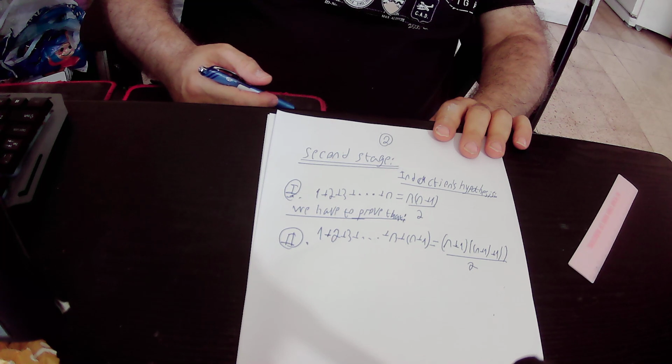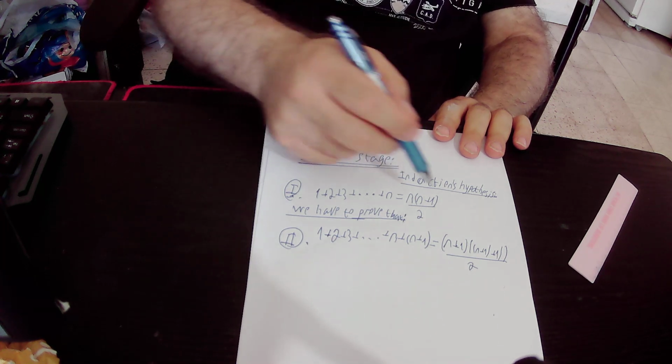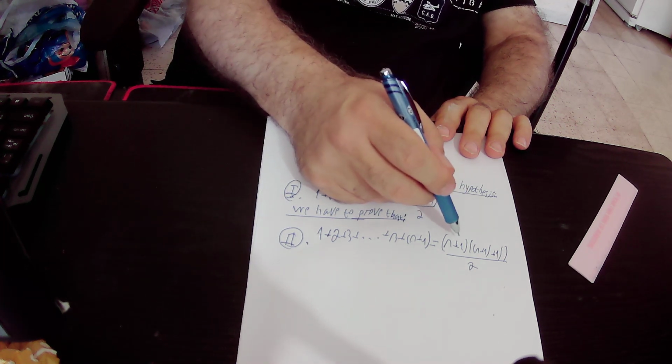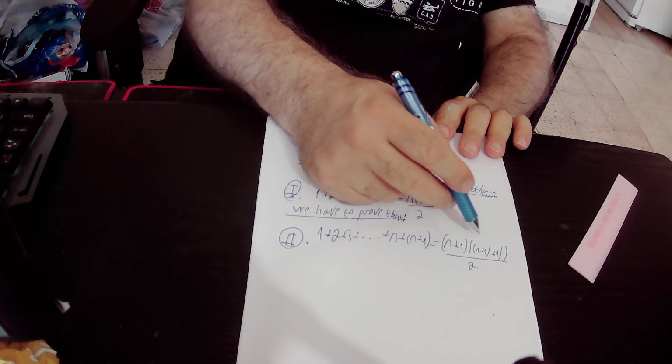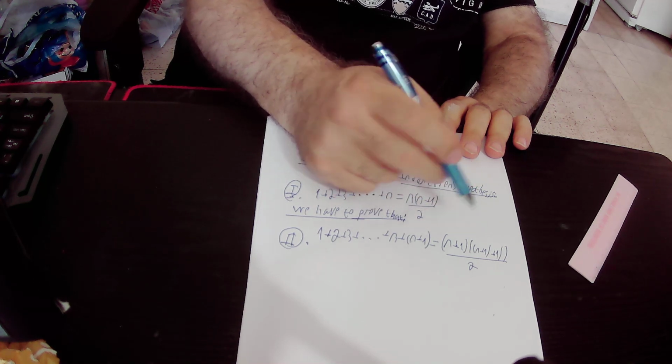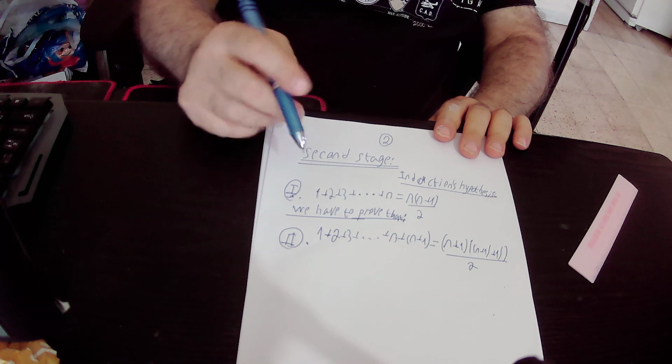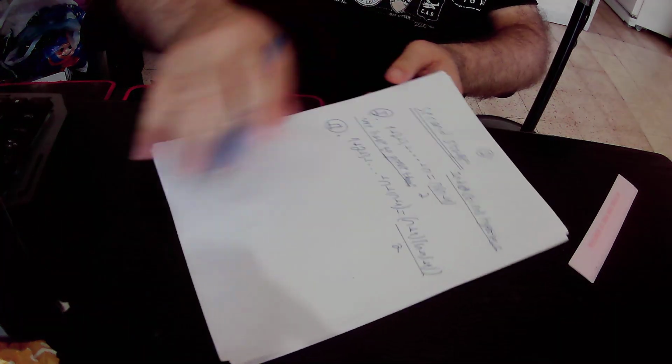Okay, here it is n plus 1 times (n plus 1 plus 1), so n plus 1 plus 1 is n plus 2, so we will write it down.